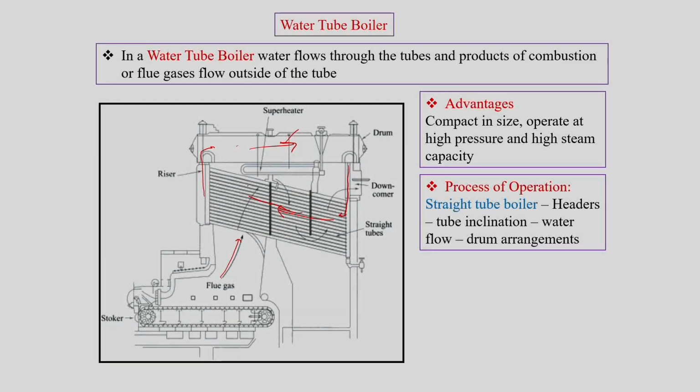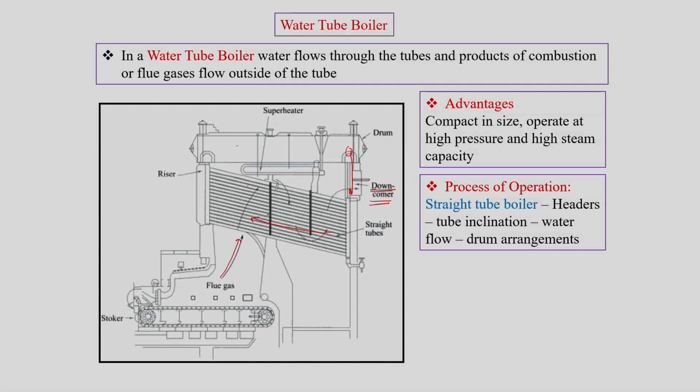As we can see, the operation of this unit is like this, where water which is saturated or hot water will come down from this path, called the downcomer, and this is one header from which water will come down. We can see that there are straight tubes which are inclined to assist natural convection, since water has high density, so it will come down due to gravity in this path, and once it is heated, its density decreases.